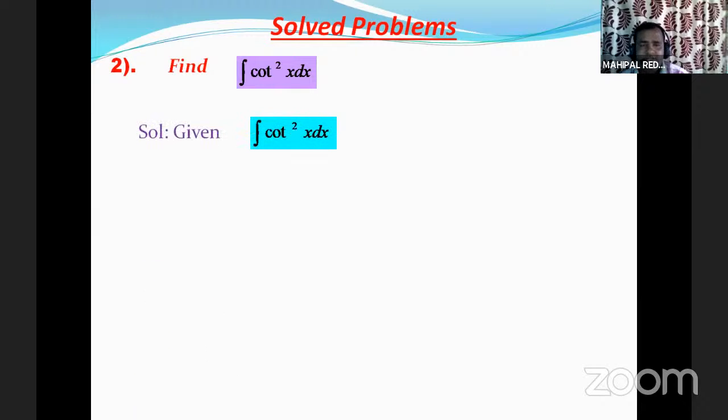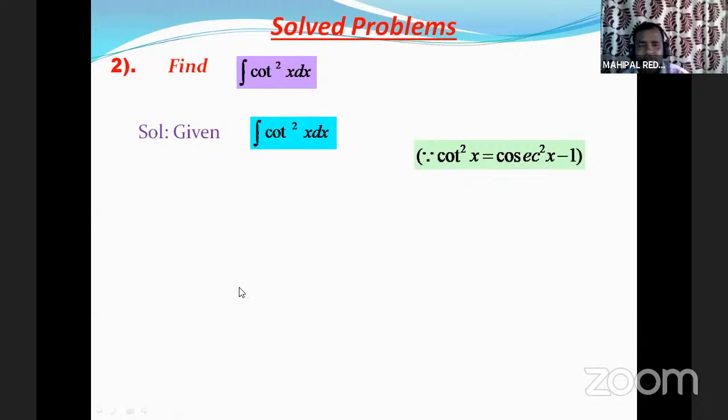Second solved example. Find the integration of cot square x dx. Again, the solution: the given question is the integration of cot square x dx. But we know the trigonometric identities, the third identity: cot square x can be written as cosec square x minus 1.